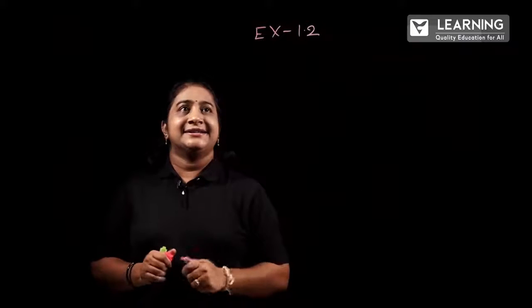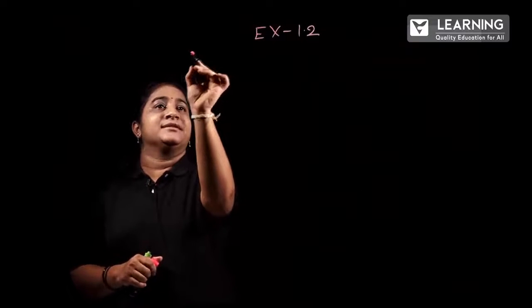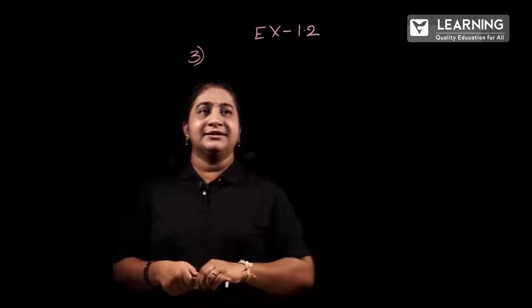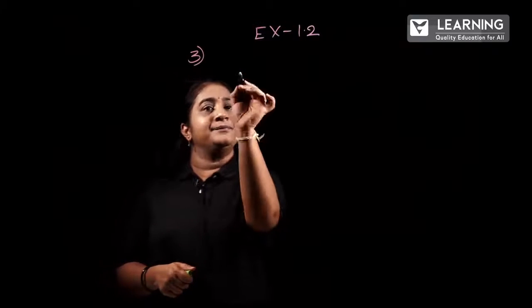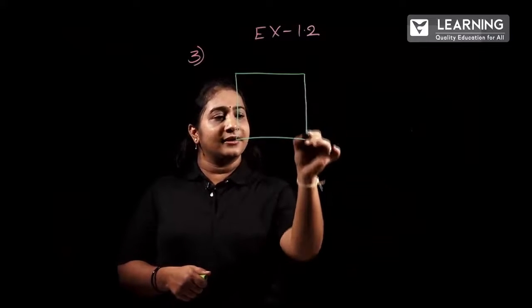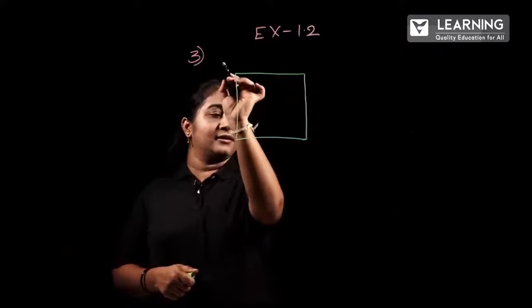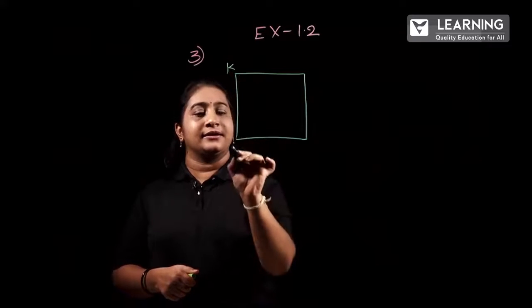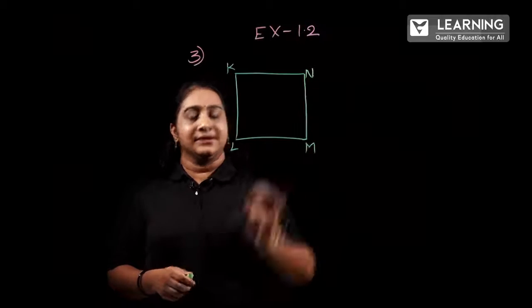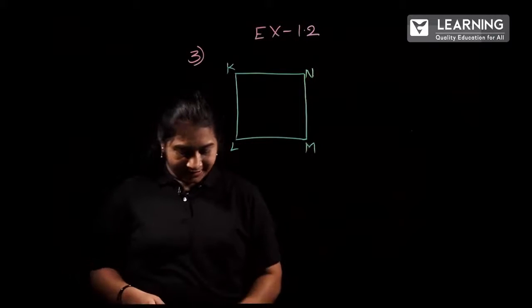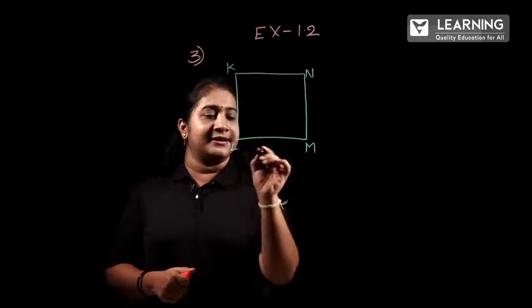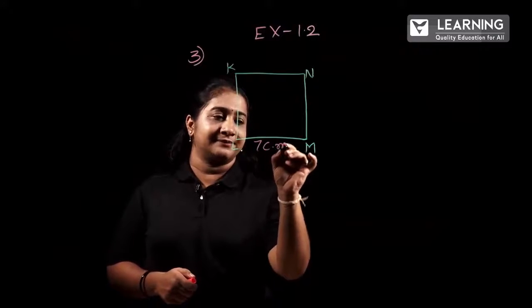centimeter. Third question. In the third question, they have given the diagram K, L, M, N, and they have given a measurement of LM, that is 7 centimeter.